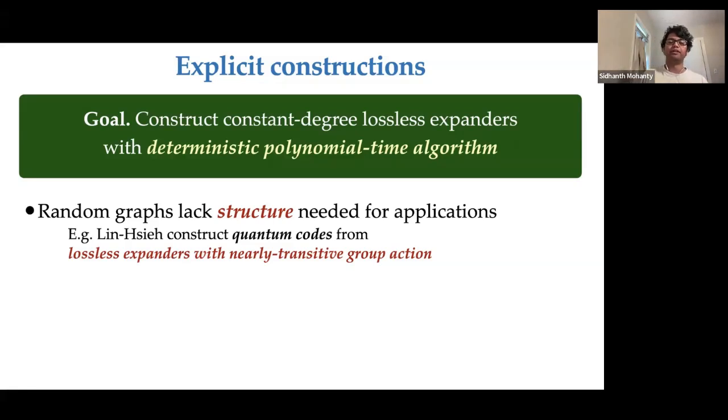So, for example, in a work of Lin and Hsieh, there's actually a different Hsieh than my co-author on this paper, they construct quantum codes from lossless expanders, but you additionally need the lossless expanders to have some symmetry properties.